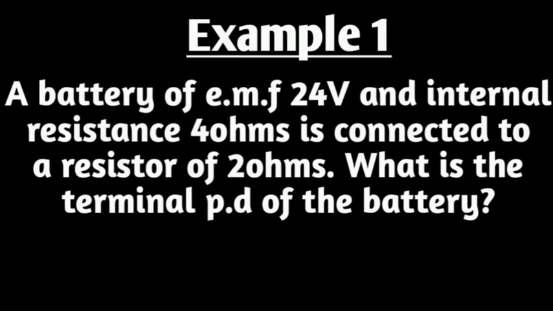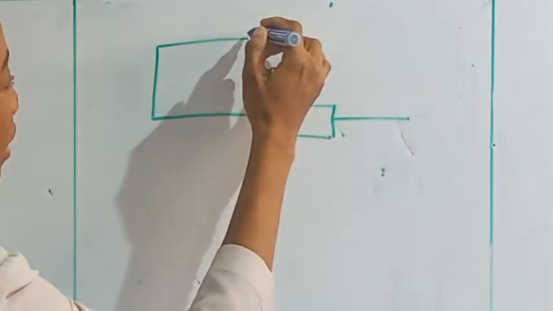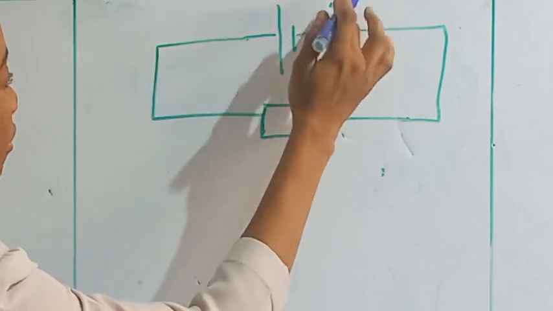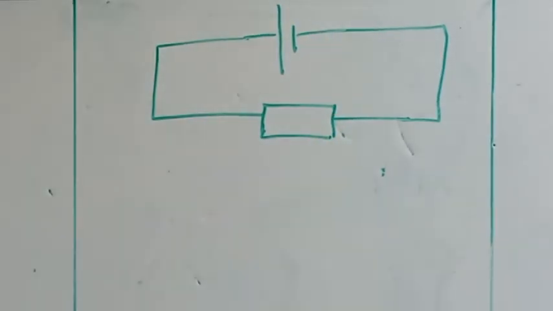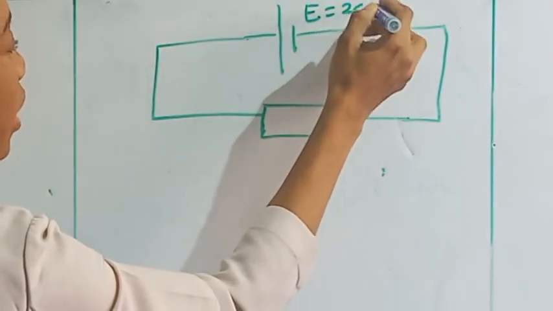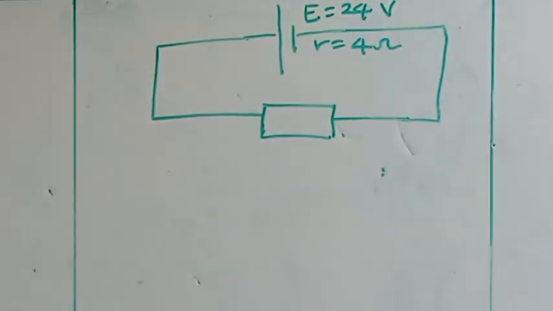In current electricity, try to draw the circuit diagram. It will give you better understanding of what you're looking for. Okay, this is what we have. We are given that the EMF, E, is 24 volts, the internal resistance is 4 ohms, and the external resistor is 2 ohms.